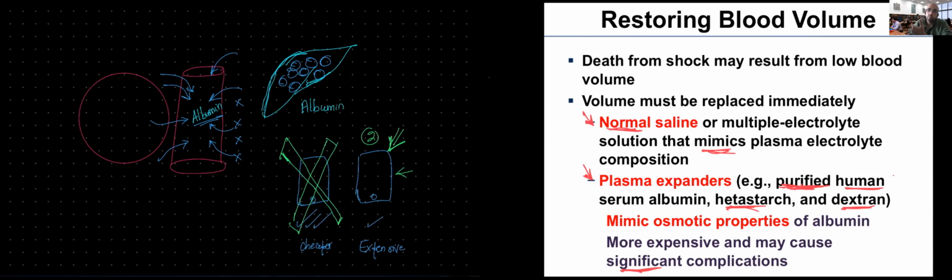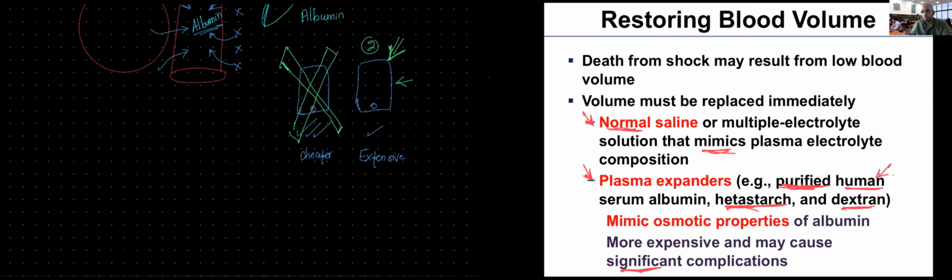It's from blood donations. So in some cases, I might not have blood donations, so I'm not able to get the albumin. So I will consider giving hetastarch and dextran instead, which are sugars again that will mimic the osmotic properties of the albumin. Does this make sense?